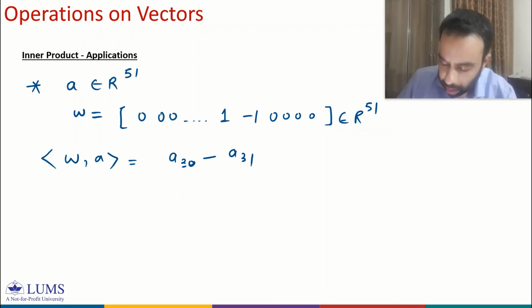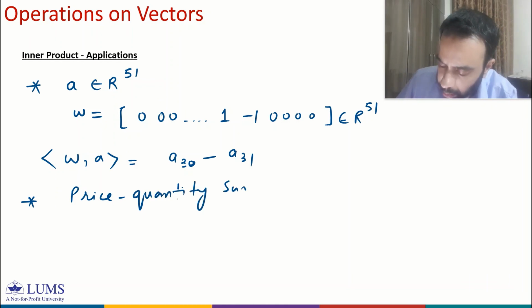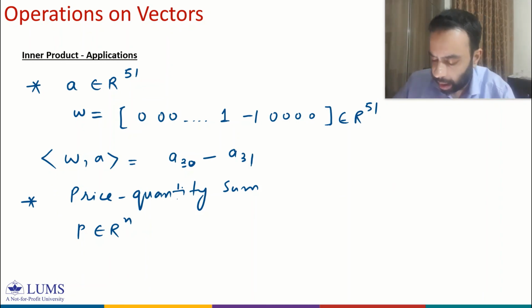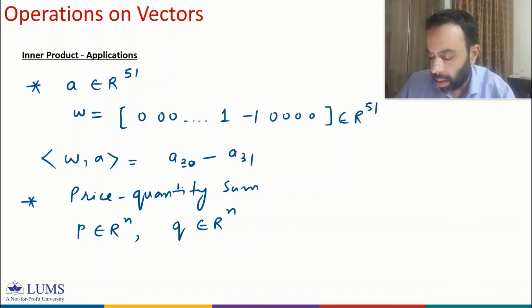Another application would be one in which we require, say, a price quantity sum. Say we have vector p that belongs to Rn and contains prices of n number of items, and you have vector q that also belongs to Rn and quantifies the quantity you have for each of the products.